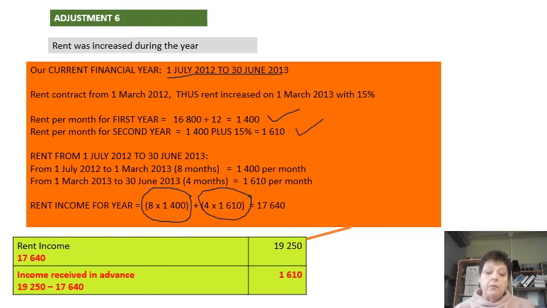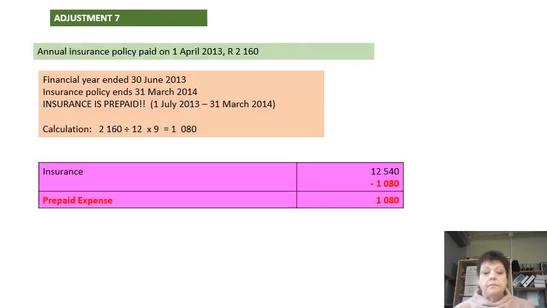Rent income was 19,250, which means it's too much. It should be 17,640. Income received in advance. There's the calculation. Annual insurance policy was paid on the 1st of April. Insurance is always prepaid, remember, normally.